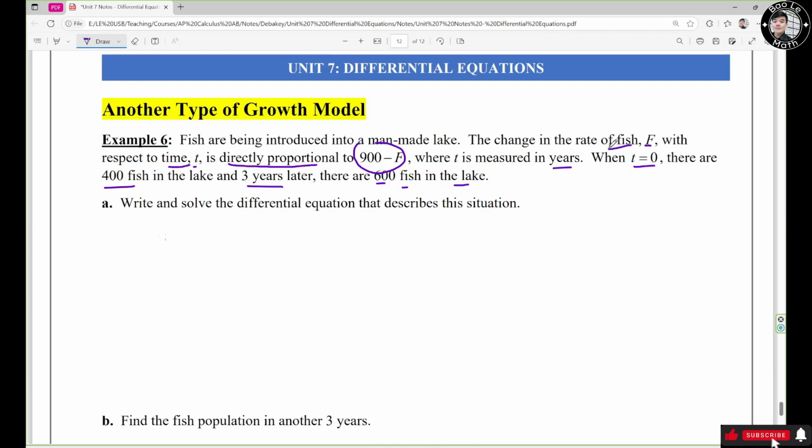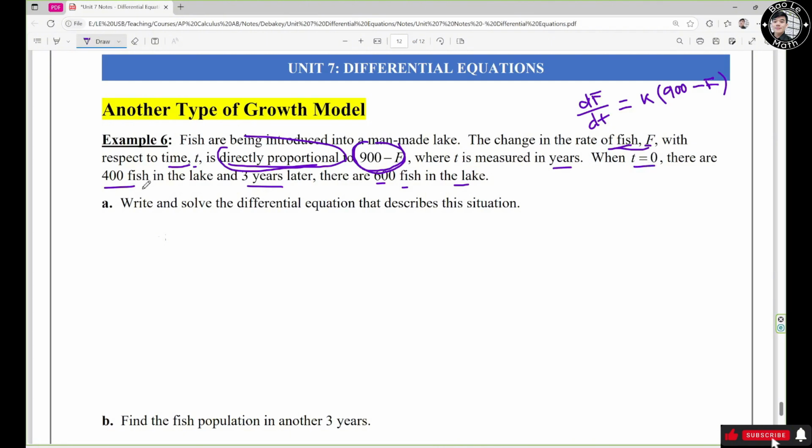The change in the rate of fish f, which means df, with respect to time t, which means over dt, is directly proportional, which means equals k times 900 minus f, where t is measured in years.